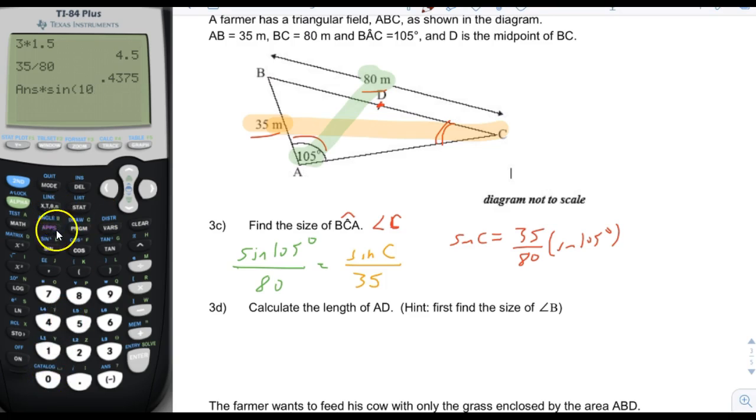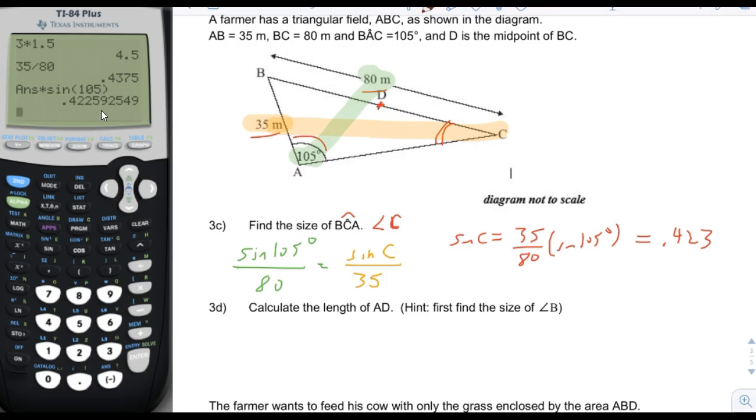Oh, and let's change the mode. We need to change the mode to degrees. So we're going to take 0.4375 times the sine of 105 degrees. And we get 0.423. So the sine is going to be 0.423.